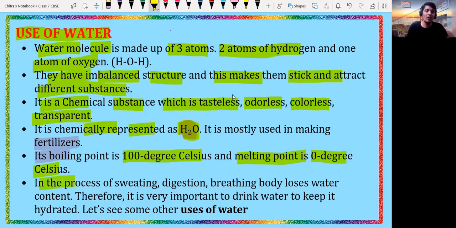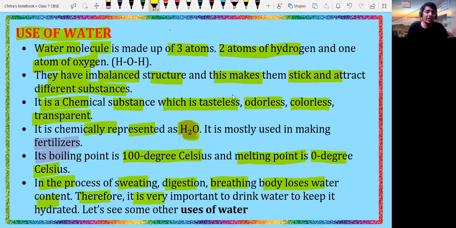In the processes of sweating, digestion, and breathing, the body loses water content. If a sufficient amount of water is not present in the body, this is called dehydration. Dehydration is sometimes fatal, meaning the person can die anytime if a sufficient amount of water is not present.